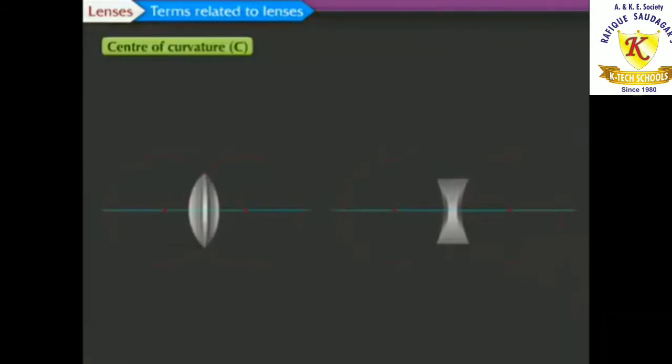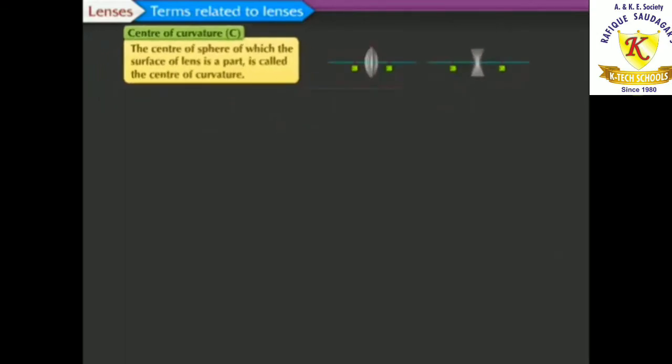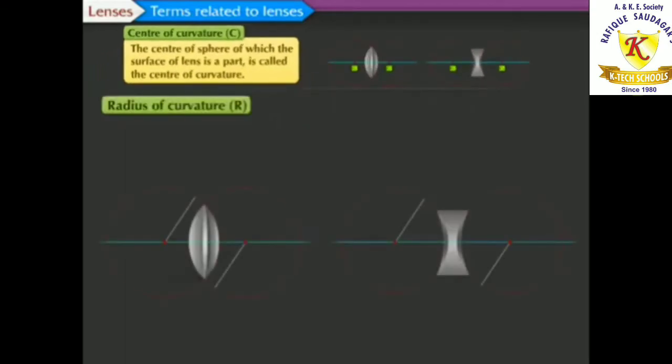Center of curvature. The center of the sphere of which the surface of a lens is a part is called the center of curvature. Observe the figure, children. C1 and C2 are the centers of curvature.